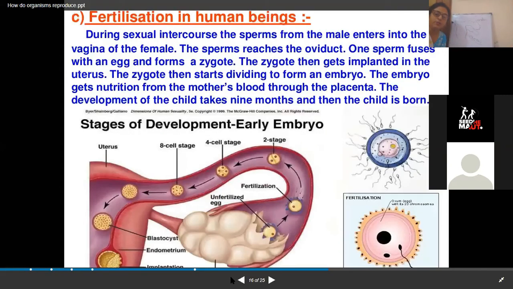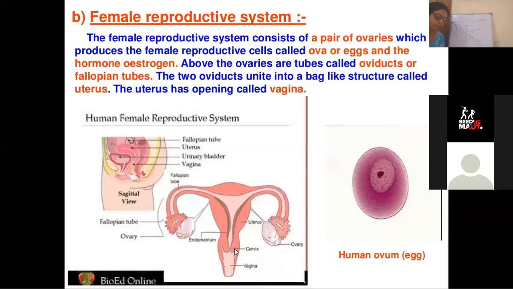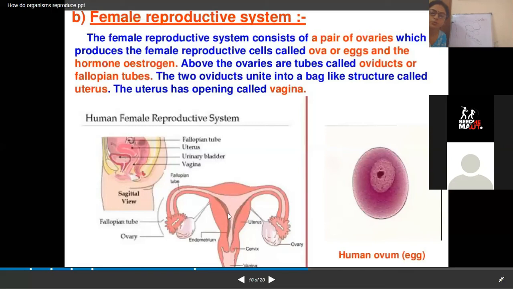At the end of the uterus there is a small narrow opening. This opening we call the cervix, and it's the lower and narrow part which provides the connection between the vagina and the uterus.